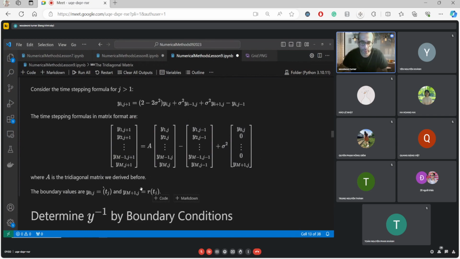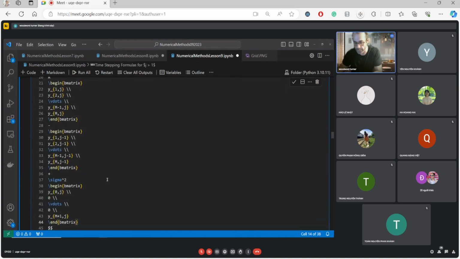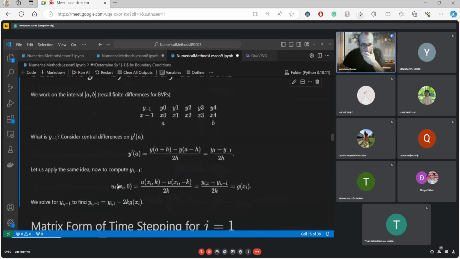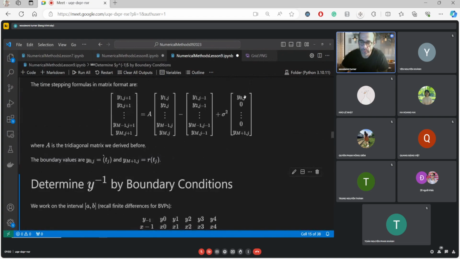This is the so-called stencil method. You can use this stencil method to start, because now the next thing we want to do is use the previous points to get the next time step, for example. All right, so that's another one.